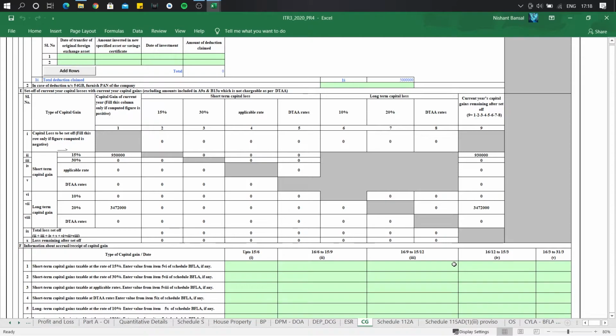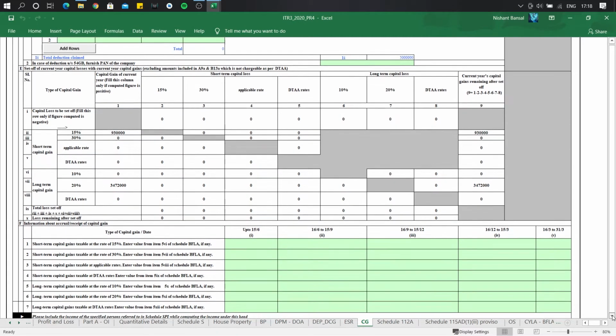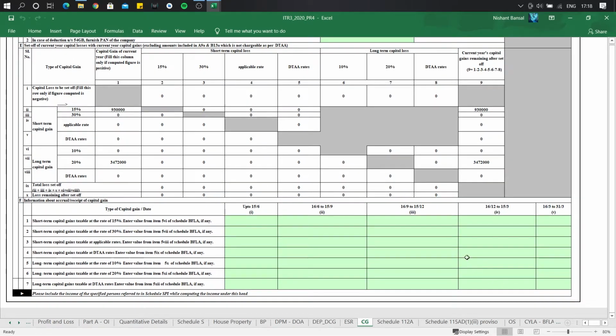Okay, so like in short-term capital gain, the date of transfer is 28/9/2019, which will fall in the slab from 16 September to 15 December. And we have to choose the type of capital gain accordingly.